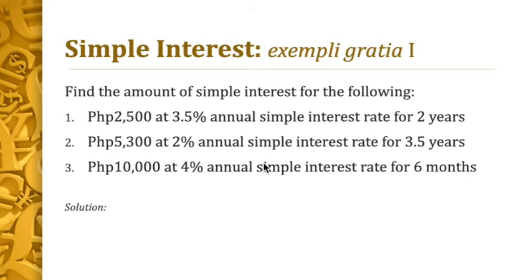For number one, I have my calculator here with me, so let's answer this together. We are asked to find the simple interest. Again, the formula is I equals PRT. P is clearly our amount here, 2,500. Let's put that in our calculator, at 3.5 simple interest rate. It's very clear that 3.5 is our rate. Since it's in percent form, we need to make it decimal form.